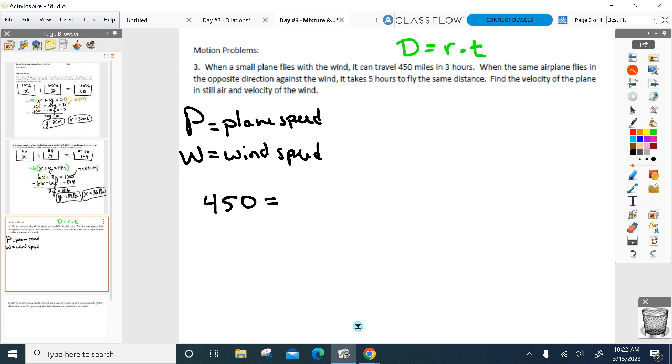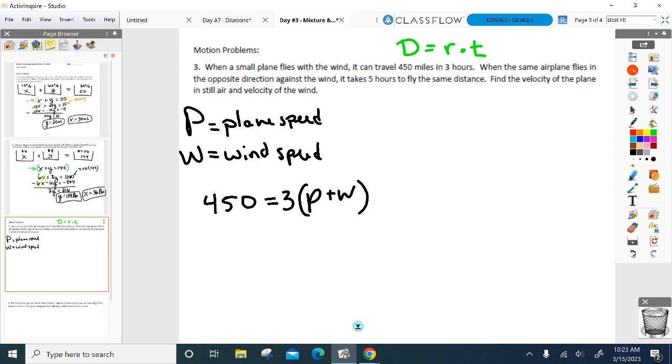So I'm going to take the plane speed and add it to the wind speed when I go with it. I'm putting the two together. Plane speed with the wind speed. There's your rate, times how long does it take me to go? 3 hours. So I just don't put times 3 at the end. I'm multiplying by 3 by putting those parentheses around and the 3 on the outside.